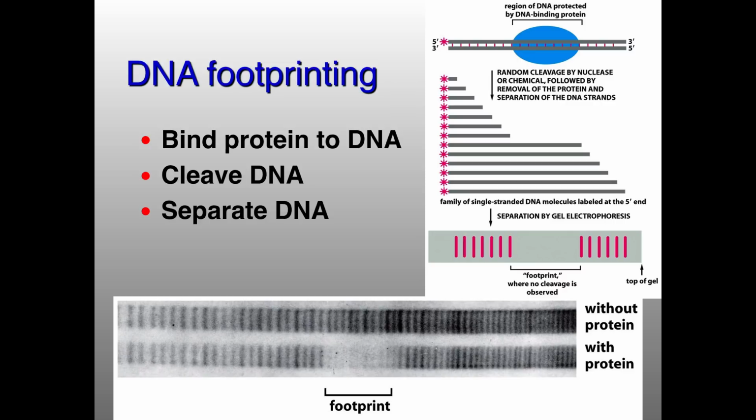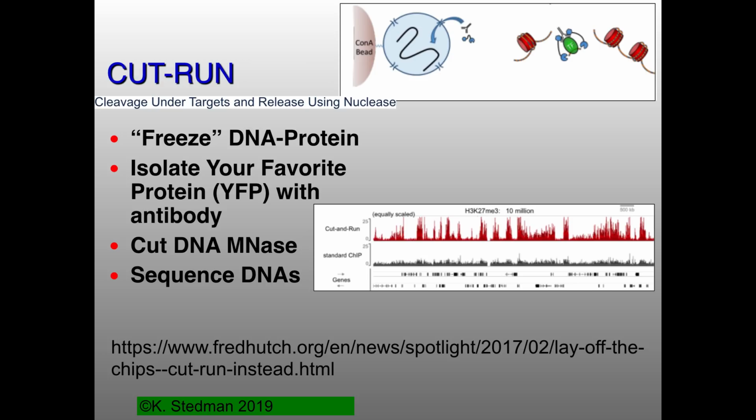So again, it's just a way of getting the very specific sequence that your protein has interacted with. This is great and wonderful, but who wants to do single proteins and single pieces of DNA now? We're all in genomics. We're in omics world, so we're really interested in where proteins are interacting with DNA in a cellular context and usually multiple different places inside the cell.